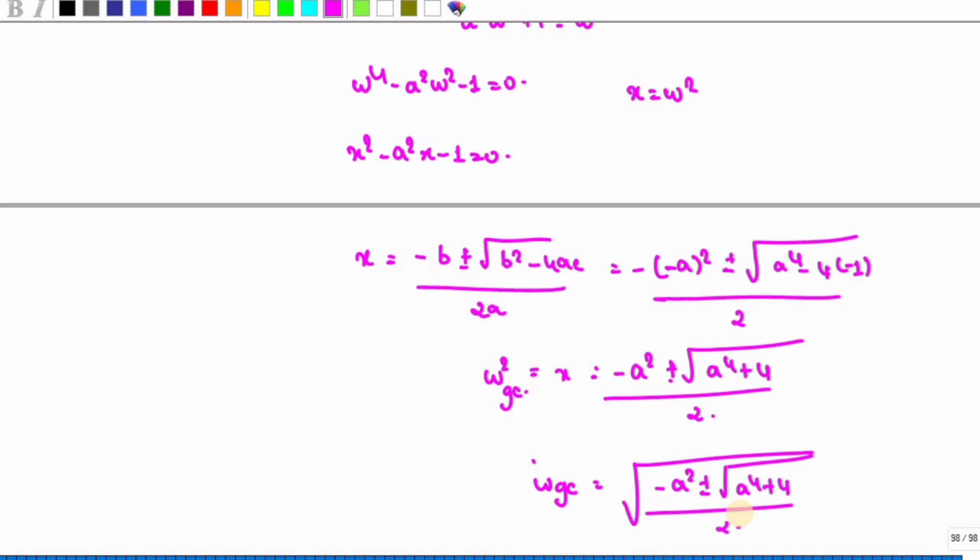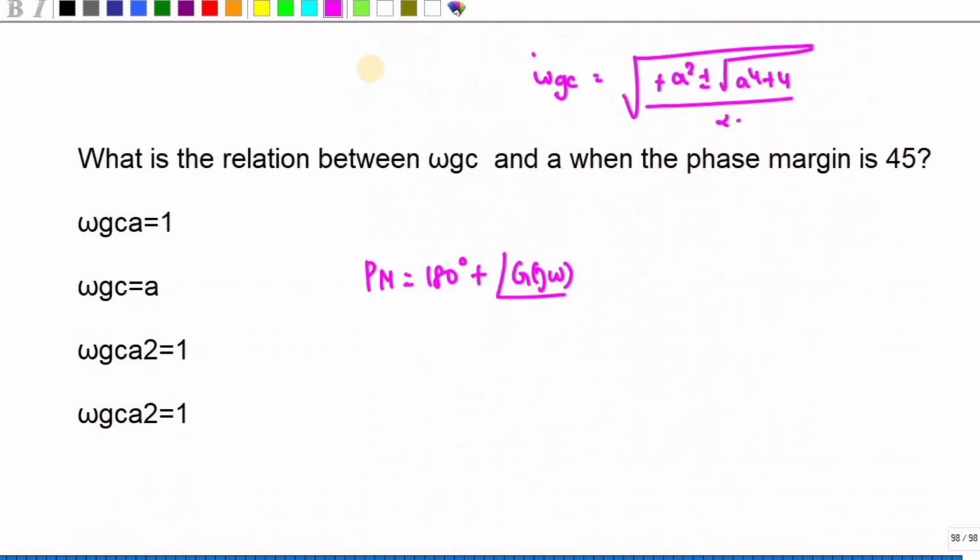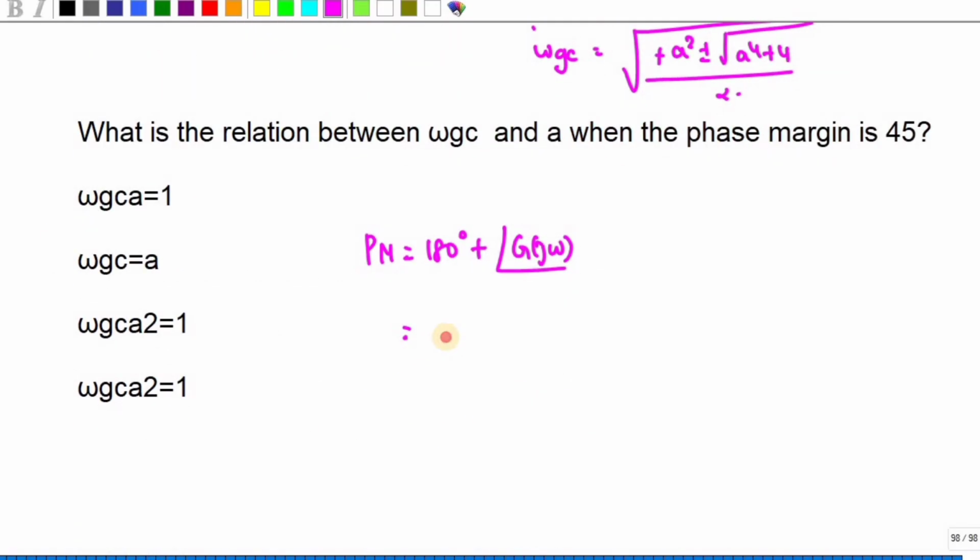The next question is, what is the relation between ω_gc and a if the phase margin is 45? You know the formula for phase margin, right? Phase margin is equal to 180 degrees plus angle of G(jω). Since I have a s² term in the denominator, I have to write minus 180 degrees, plus tan inverse of the imaginary term, aω divided by 1.